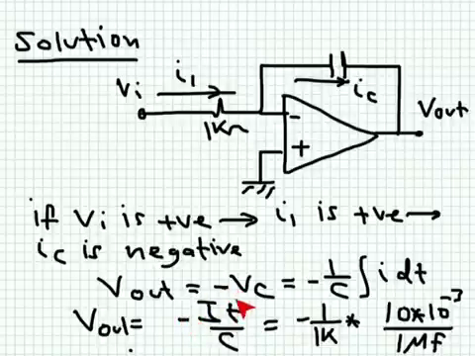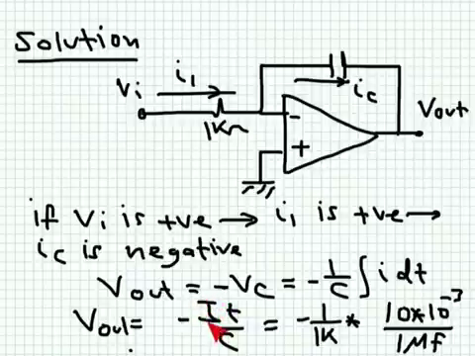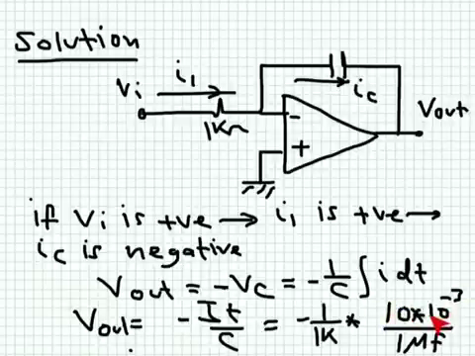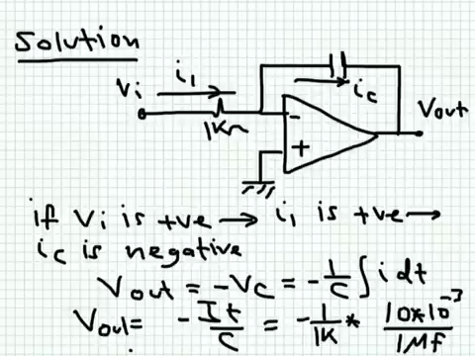This is time here, t. And this is the capacitor. Now, what is this current? We agreed that we have a voltage of 1 volt and an input resistance of 1K, so it's 1 over 1K. Time, it takes the first 10 milliseconds to charge the capacitor, so I multiply here by 10 to the power minus 3, times 10, and then I divide by the capacitor value, which is equal to 1 microfarad.